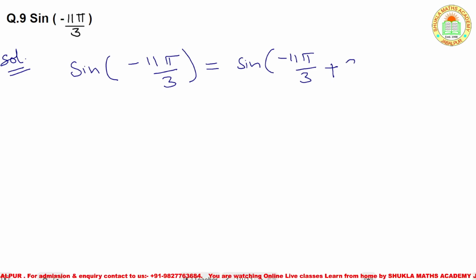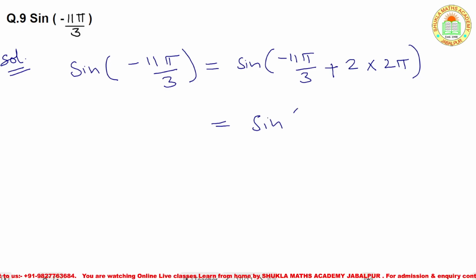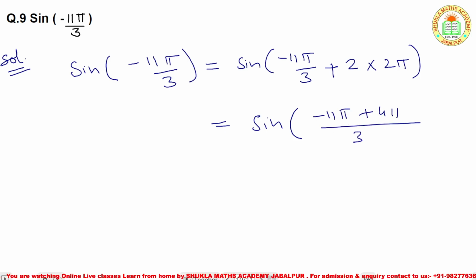So I am writing here 2 into 2 pi because it is 4 pi, a multiple of 2n pi, right? So it becomes sine, simplify it. Take the LCM, which is 3, and minus 11 pi plus 4 pi. Why am I taking here 2 into 2 pi? Because 3 into 4 will be 12 pi, and 12 pi is the next value after 11 pi. So it will be simplified, right?